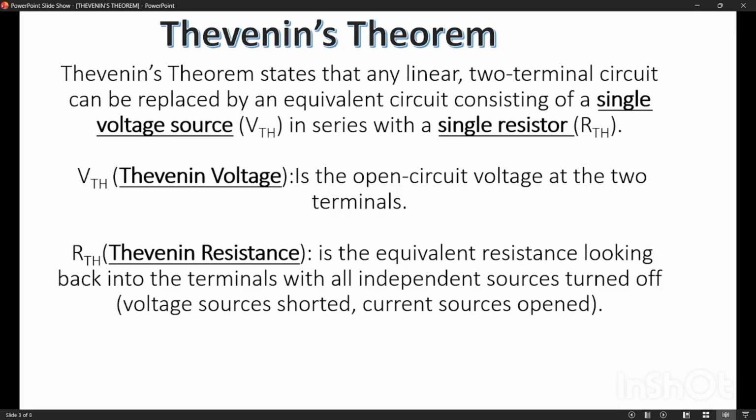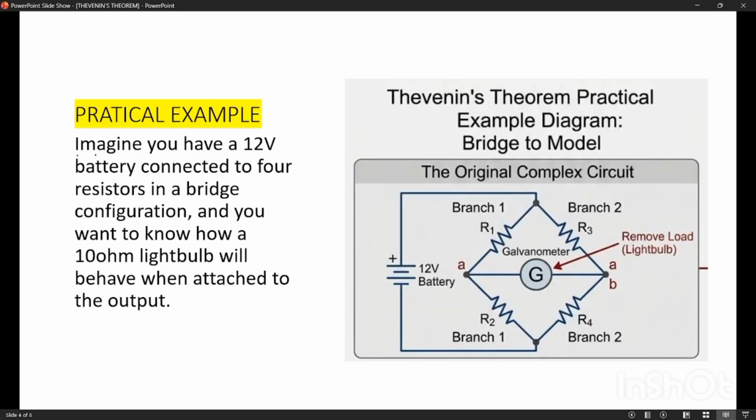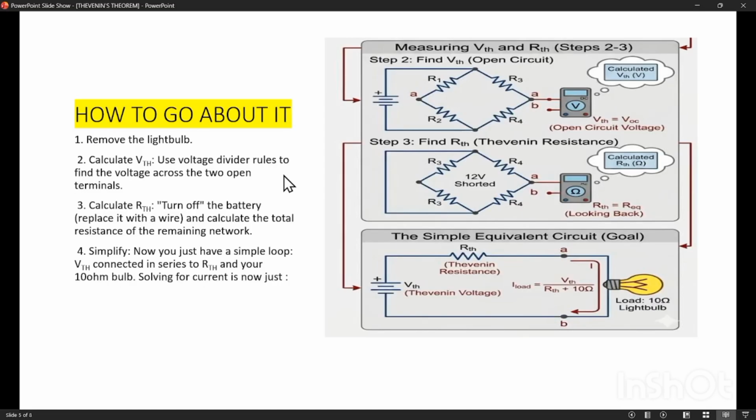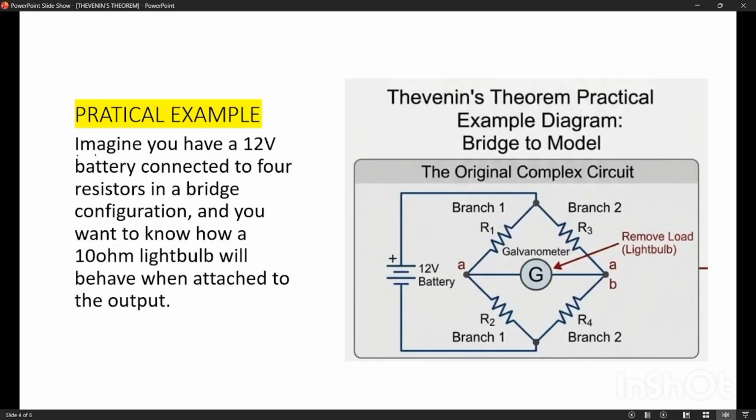Let's get into how to solve for the Thevenin voltage, the Thevenin resistance, and the load of the output. Okay, we have a practical question. Imagine you have a 12-volt battery connected to 4 resistors in a bridge. That's in a bridge configuration, right?